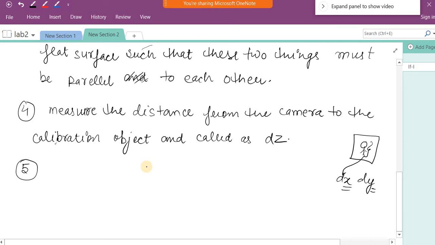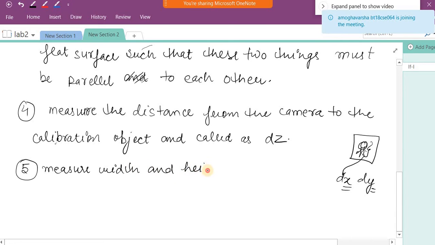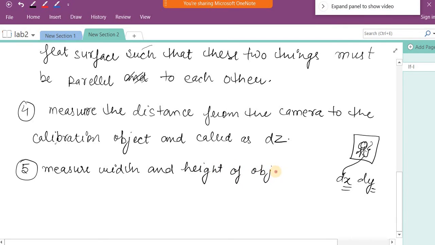Two things have to be calculated, with respect to the camera as well as with respect to the particular local object photo. So measure the width and height of the object in pixels.